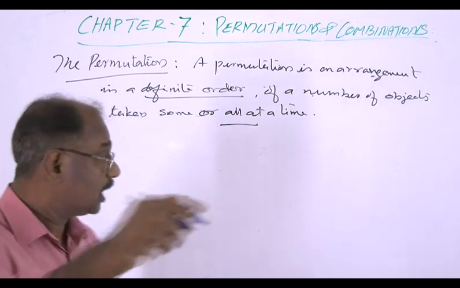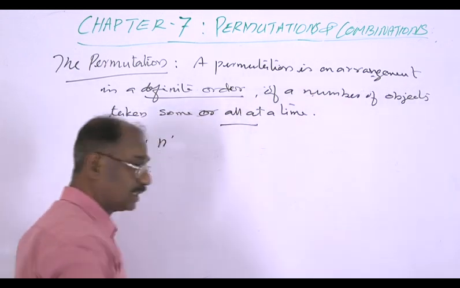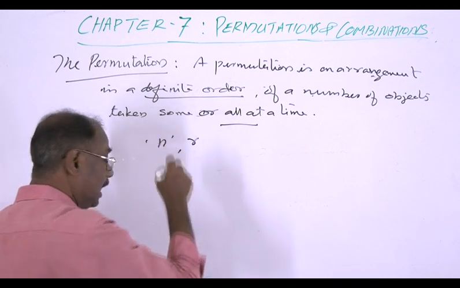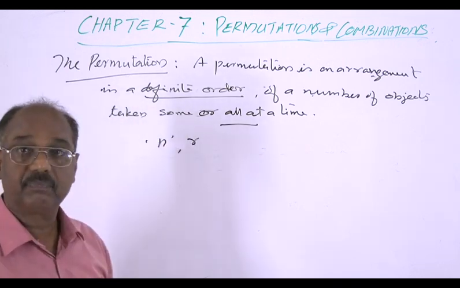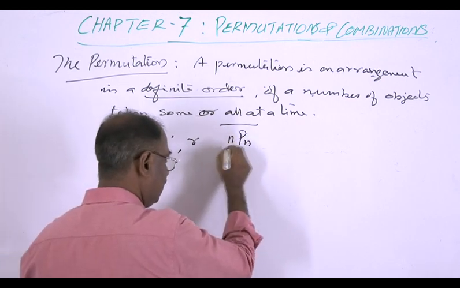Now, a permutation of n objects taken r at a time is denoted by this nPr.